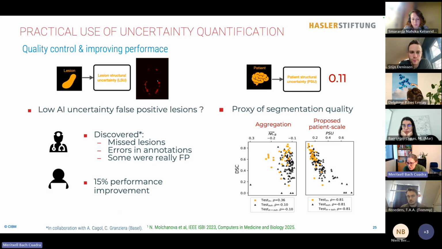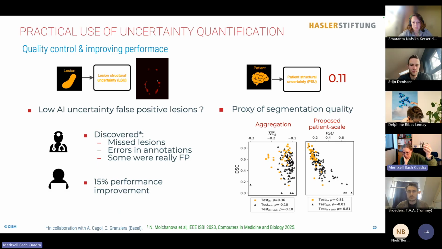Another very interesting one is the patient scale. The patient scale is one number. Maybe something I missed saying, I'm sorry: the way I presented uncertainty today is with an ensemble of methods. So if you use a supervised approach, you need labels when you train the different ensembles. But when you infer, you don't need labels anymore.